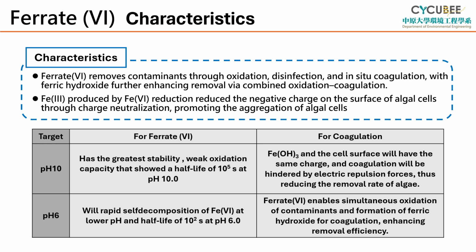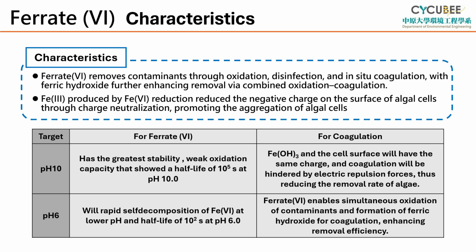And there is a report that shows how, at different pH, ferrate has an effect on organic matter. First, at pH 10, ferrate(VI) has the greatest stability, but that also means it has weak oxidation capacity.